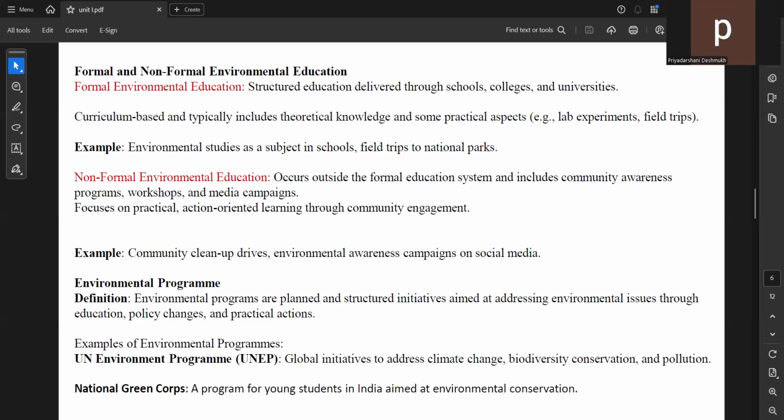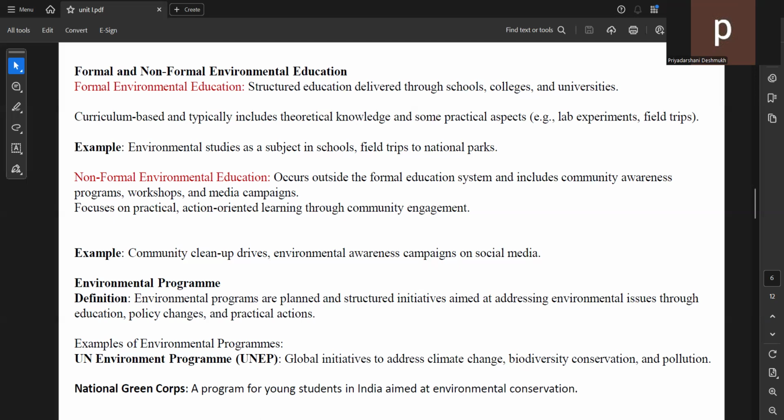The next thing that we are going to study is environmental programs. These environmental programs are planned and structured initiatives aimed at addressing environmental issues through education, policy changes, and practical actions.